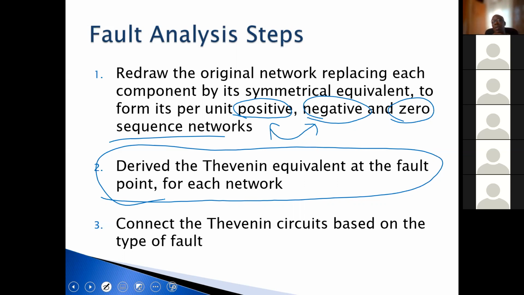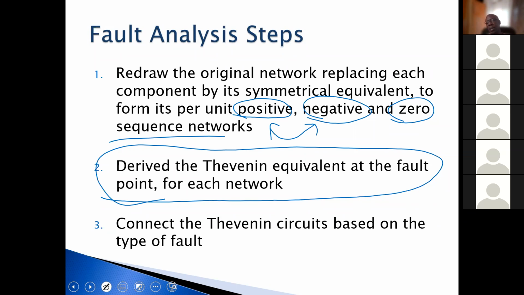So in other words, depending on where the fault is on the network, you then look into those terminals. You have done Thevenin, so you're good by now. So you look into the fault point and determine the Thevenin equivalent at that point. The only network that you would have a source in would be the positive sequence.